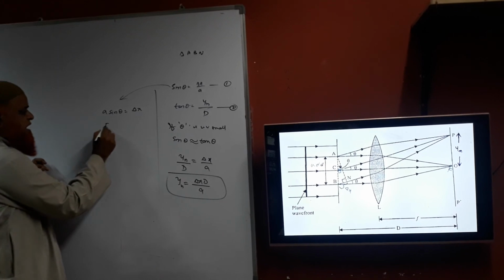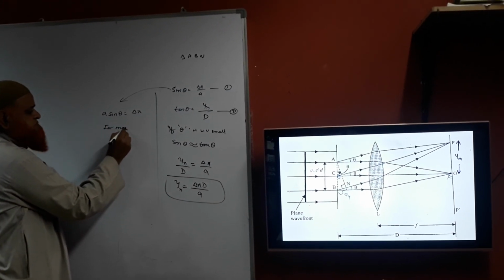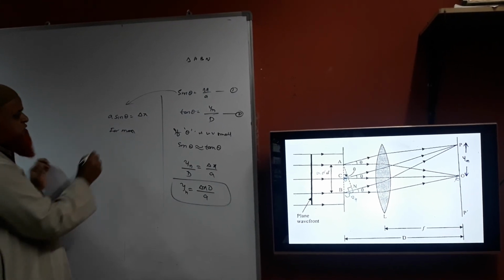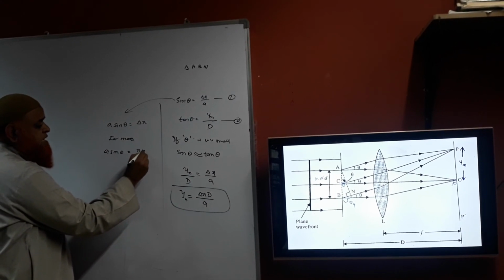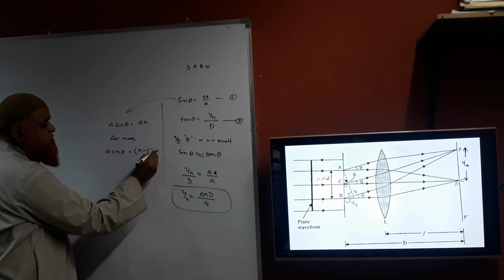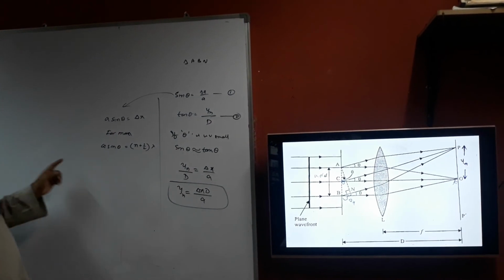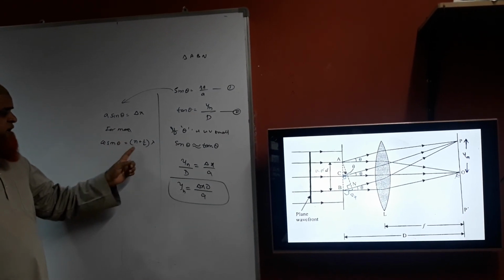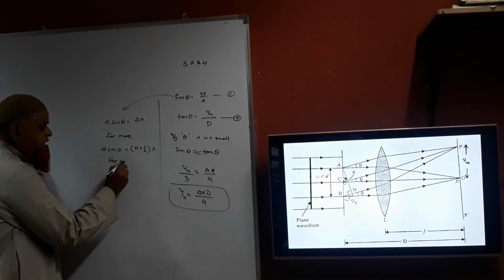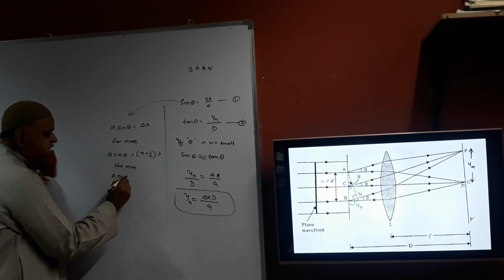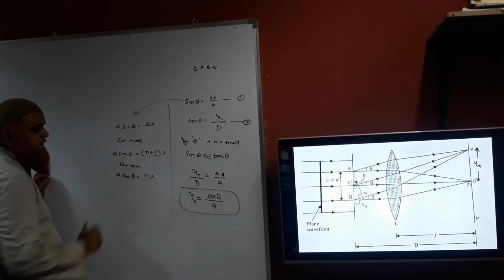So for example, for maxima you will write a sin theta is equal to n plus half into lambda, whereas for minima you write a sin theta is equal to n lambda.